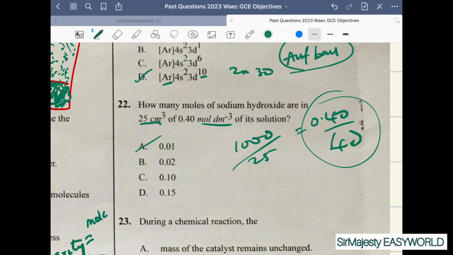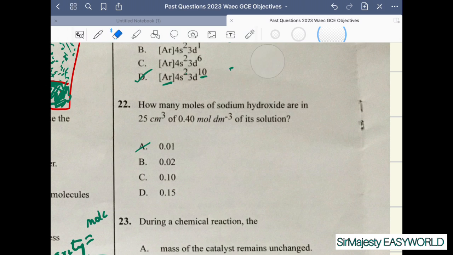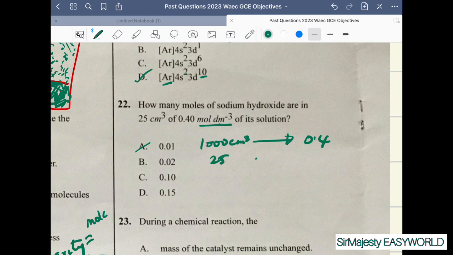Do we have such in the options? 0.01, yeah, option A. Okay, let me solve the usual way, the normal way, so that I don't get it twisted. The correct way of solving is this. Mole per dm3: dm3 means 1000 cm3, and this 0.4 means that it is inside this volume of 1 dm3. Therefore 1000 contains 0.4, 25 will contain x. You cross multiply, of course.